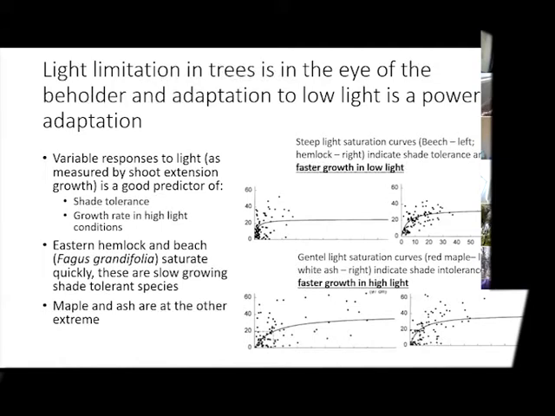If you keep adding light to red maple, it will continue to grow faster. That is typical of less shade tolerant species. It's not to say that this species can't grow in lower light levels. It can, but it is not going to grow very fast, and it's more likely to be overtaken by other species and outcompeted.